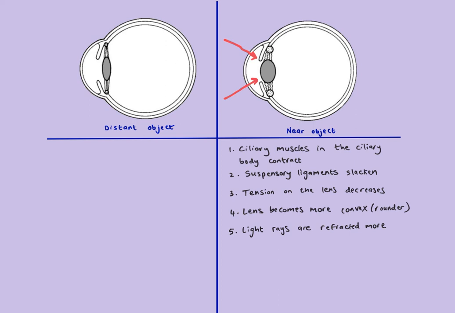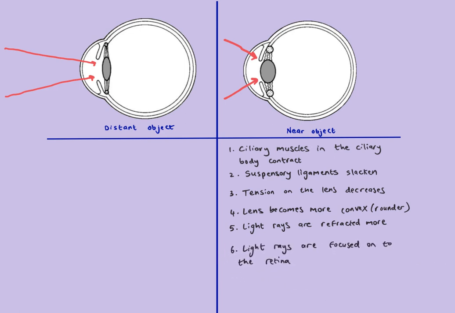But from a far away object, they kind of straighten out. And if you look at when they enter your eye, they're a lot less steep than if you're looking at a close object. So your lens needs to do a lot more work to refract, to bend. Refract means bend. You need to pay attention to that word. To refract the light rays more. So then the light rays will be focused onto the retina.